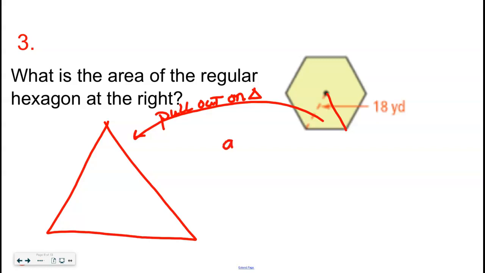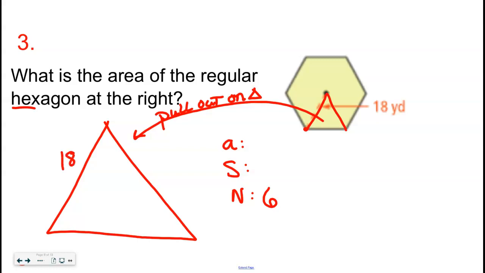We need the apothem, we need a side length, and we need to know the number of sides. The number of sides is always a freebie. It's a hexagon, or I could count. So N is going to be 6 for a hexagon. The other 2, that 18 is pointing at this.